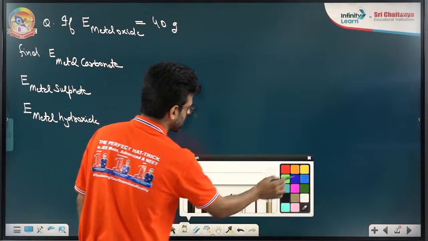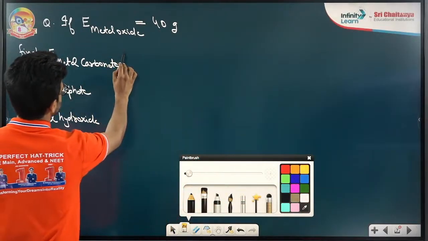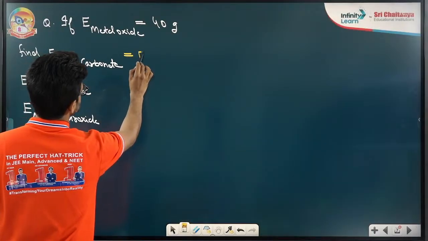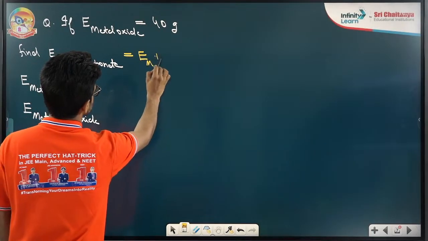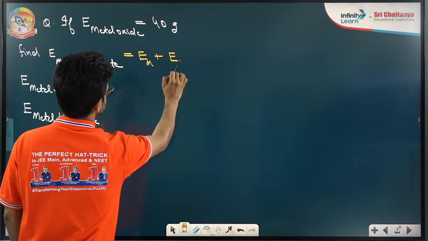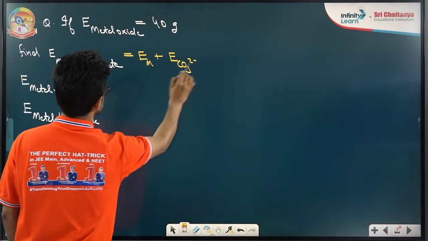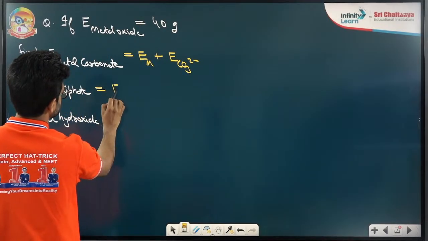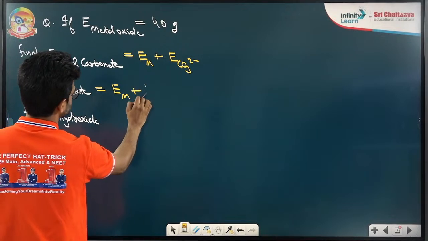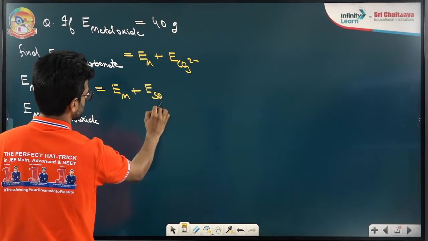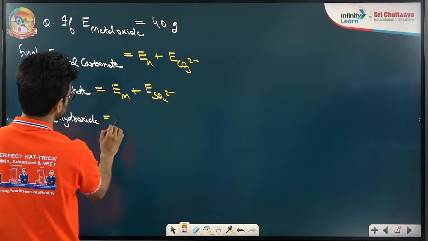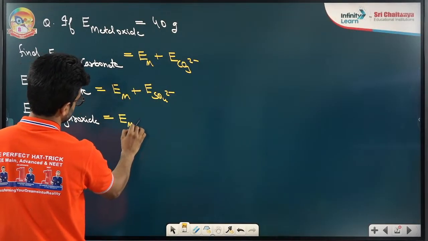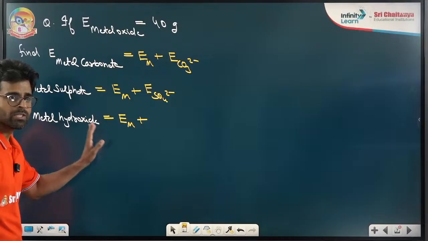Just for your help a little bit, the equivalent weight of metal carbonate is Em plus E of carbonate. The equivalent weight of metal sulfate is Em plus E of sulfate. The main thing I am trying to say here is there is no need of the coefficient.